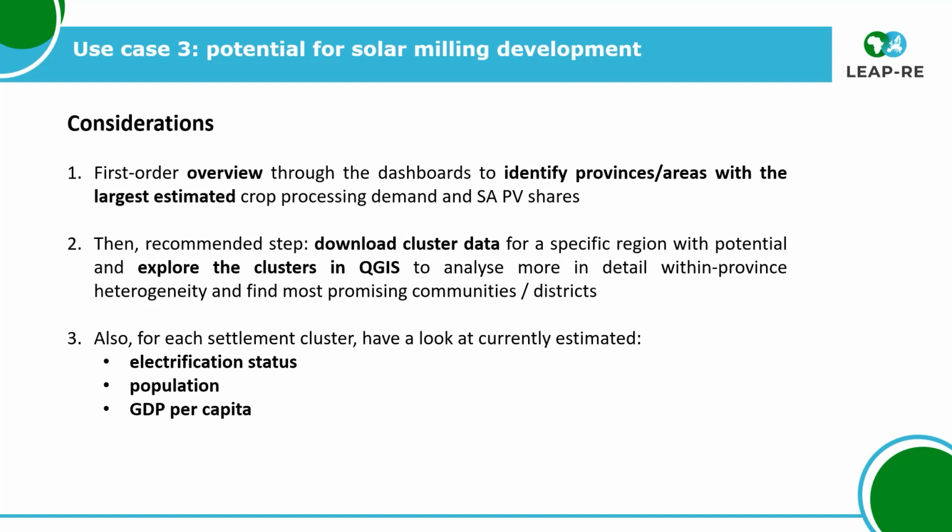To get a better sense of where to target investments, or where maybe to target a field visit to assess the boots on the ground, what's the current situation, it's better, or it's mandatory, I would say, to access final resolution data such as the settlement data and specifically explore in a GIS environment more in detail the within province heterogeneity to observe which communities, which districts are the most potential and promising ones in this sense.